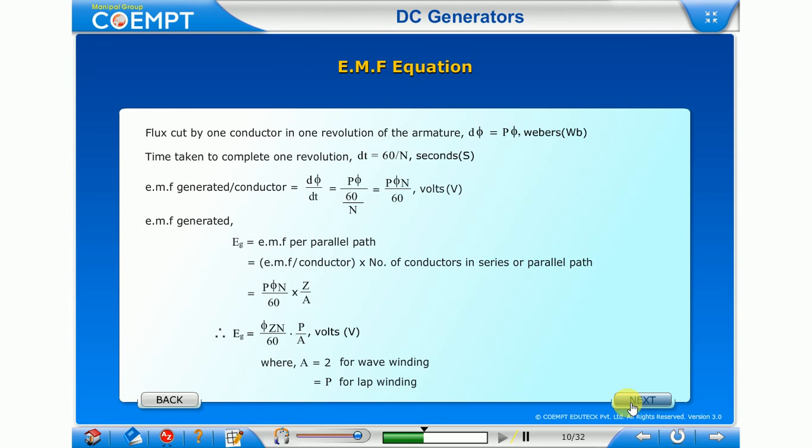B is equal to the product phi P divided by 2 pi R L, where R is the radius of the armature and L is the length. Velocity v is equal to the product of 2 pi R N divided by 60. By substituting these values in EG, we get the following equation: EG is equal to phi Z N P divided by 60 A.